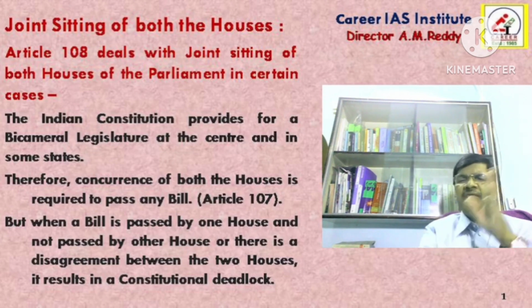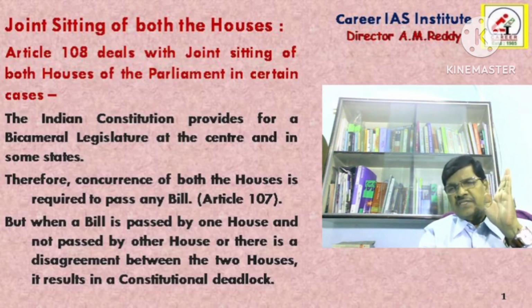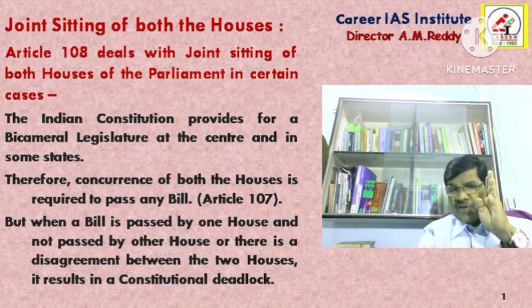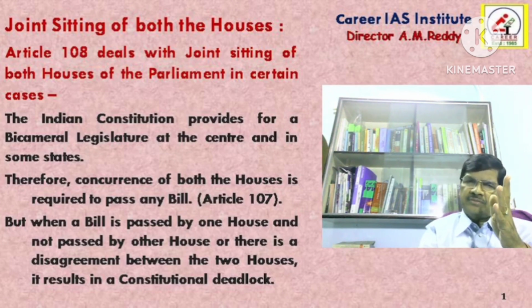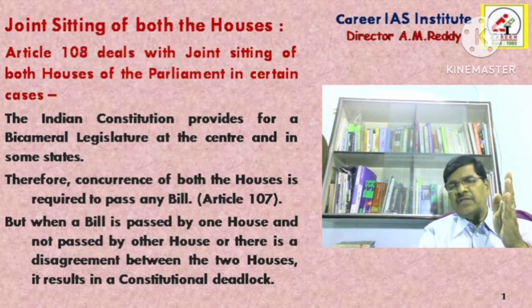Then the bill will be returned to the first house. If the first house accepts the amendments made by the second house, then there is no problem. Then it can be sent to the President for his assent.